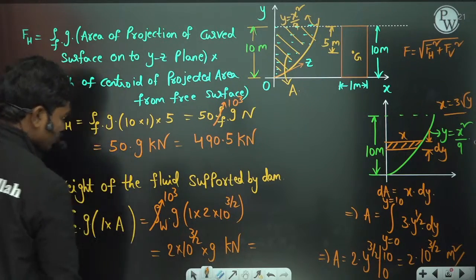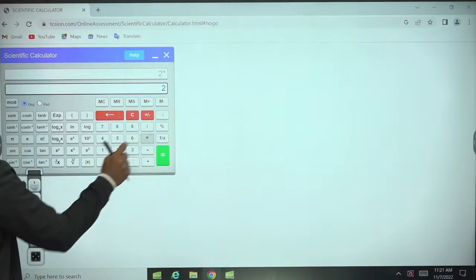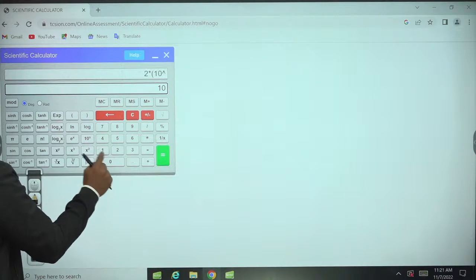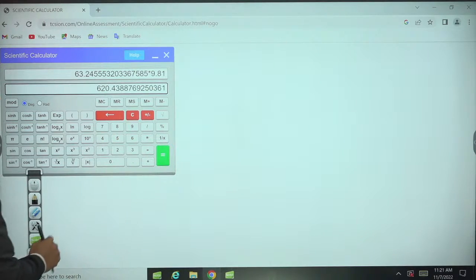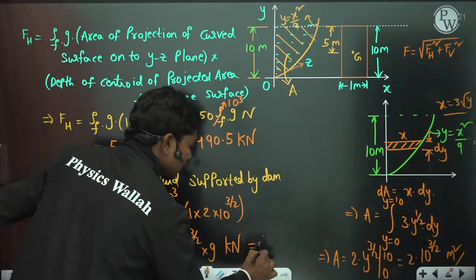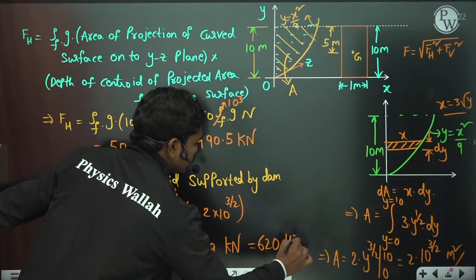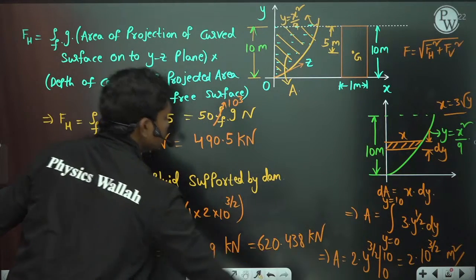Next, coming to this value, 2 into 10 to the power 3 by 2 is 1.5. This value multiplied with g, 9.81, gives 620.438 kilonewtons. Okay, so this is in kilonewtons.